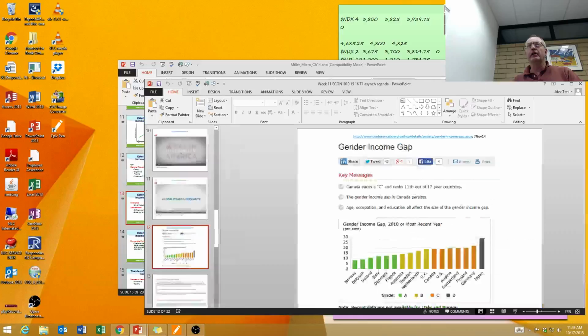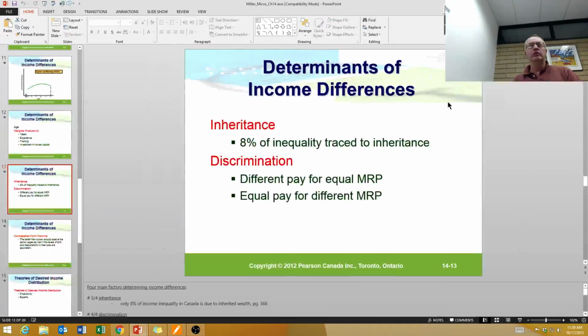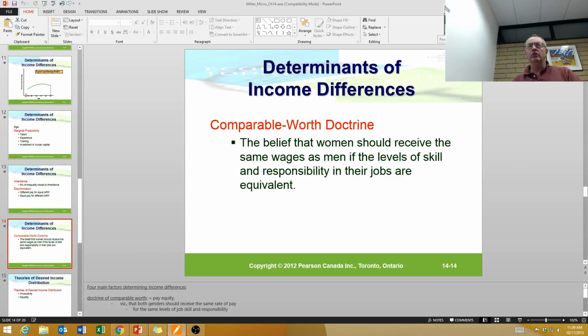Okay, so let's move back. We're looking at these factors affecting income level differences. And there's, I don't know if this is sociological or an economic doctrine, the so-called doctrine of comparable worth. If we wanted to translate that into English, it's also known as pay equity.